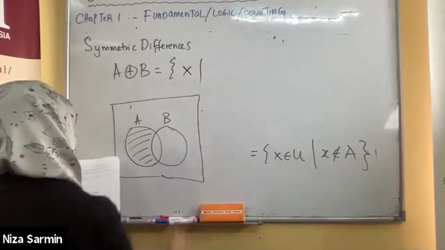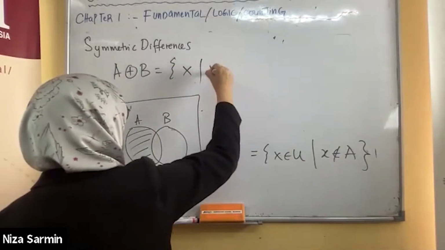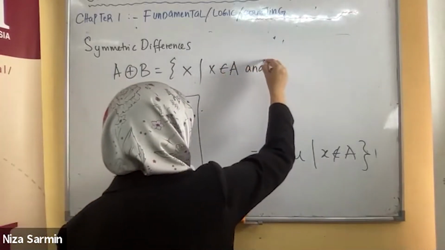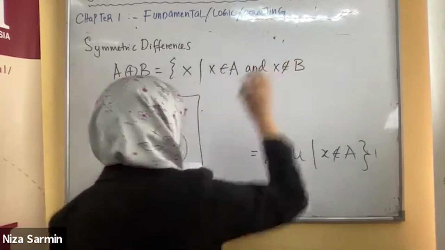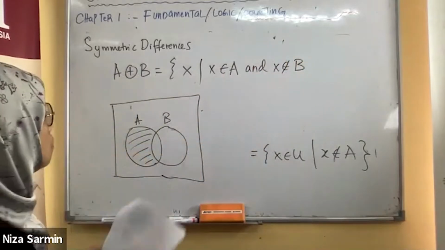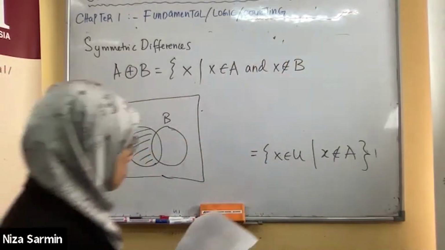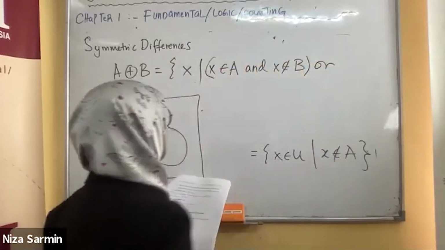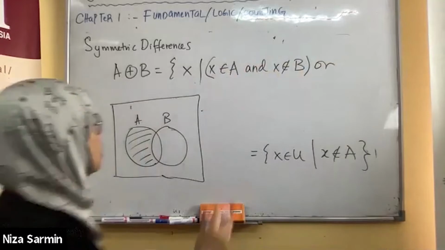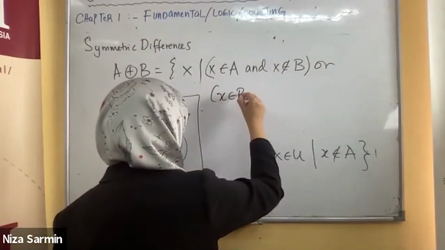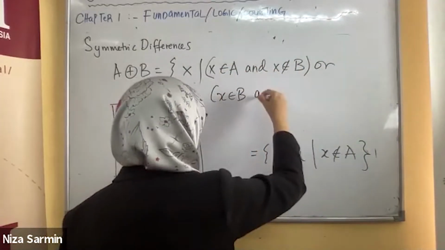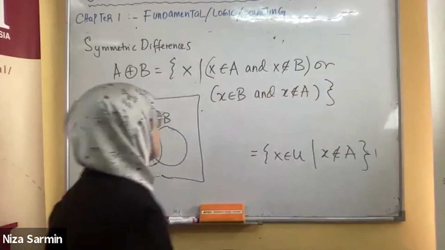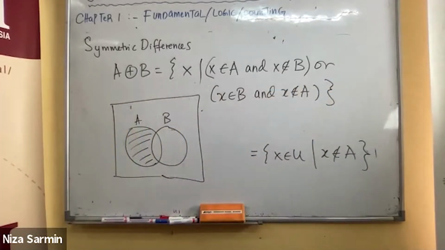X in U, X in A and X not in B, or X in B and X is not in A. Okay.